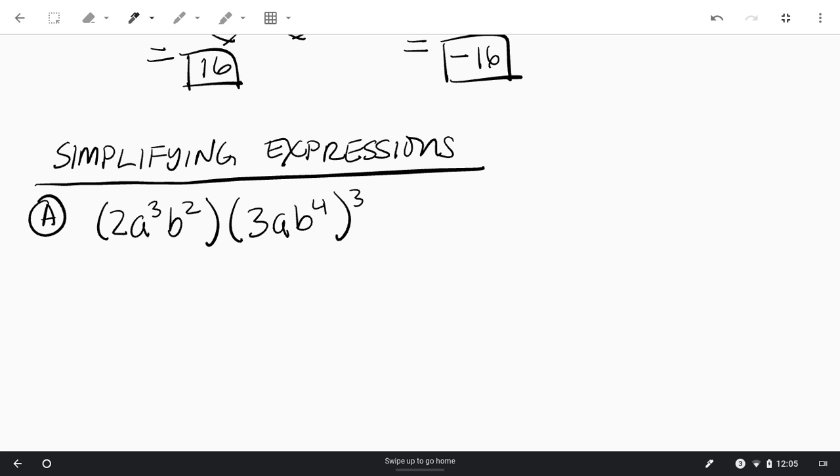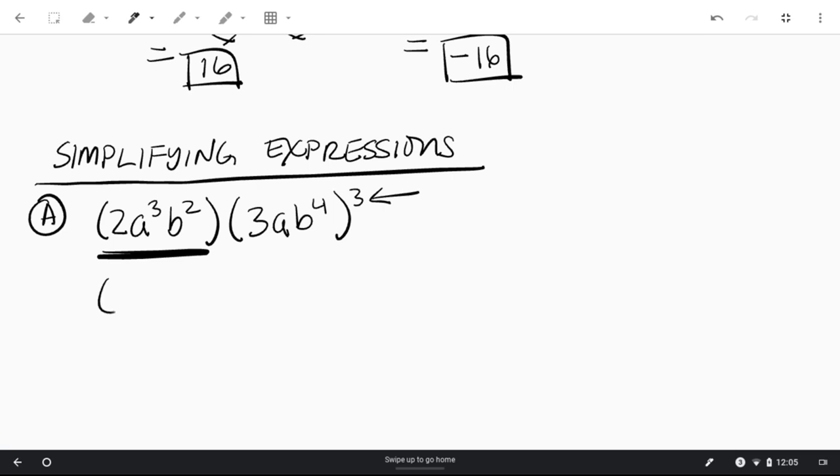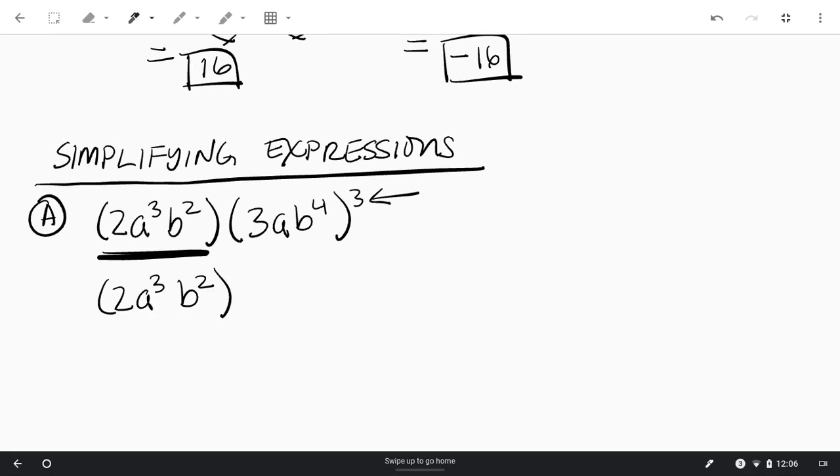If there are exponents on the outside like that, I always like to start with those. So I'm going to bring this part down. Then all of the exponents inside here will get multiplied by 3.